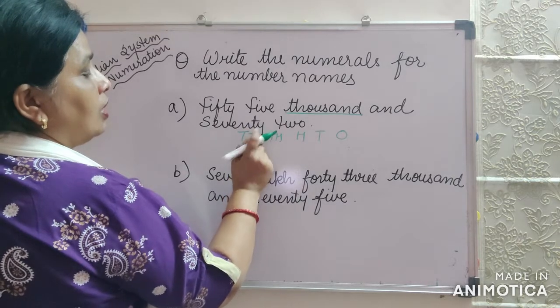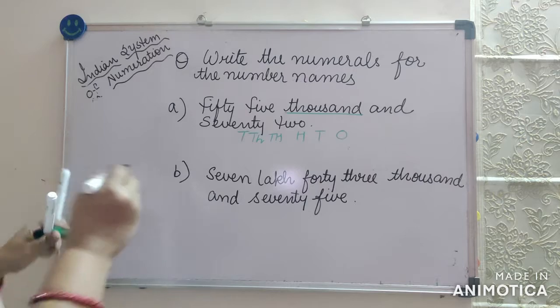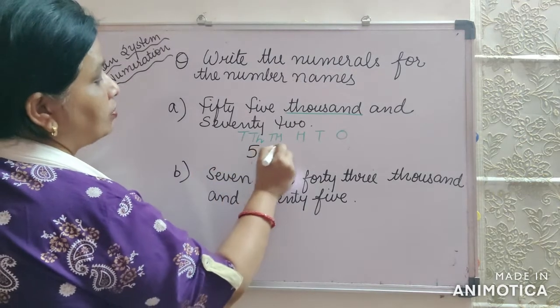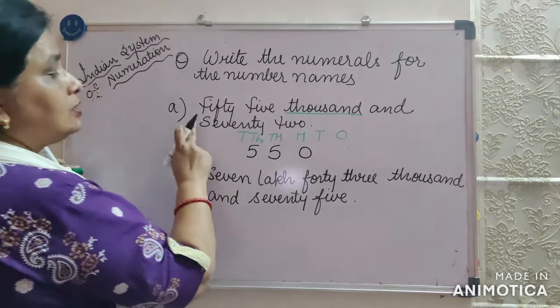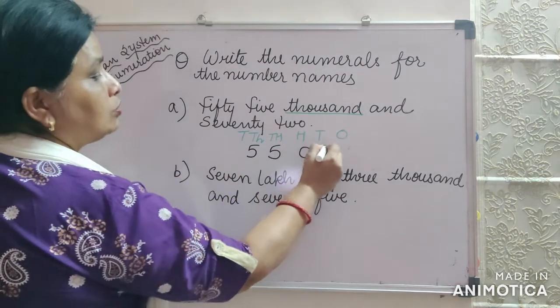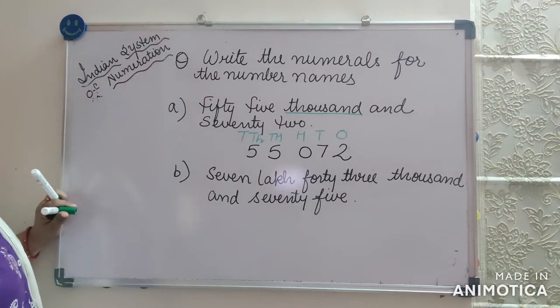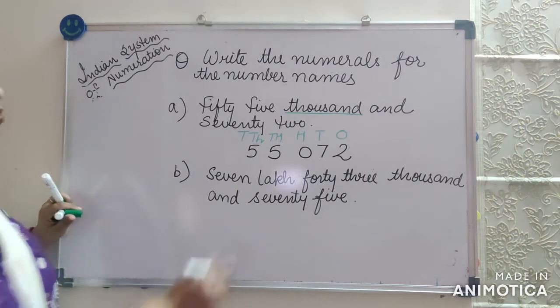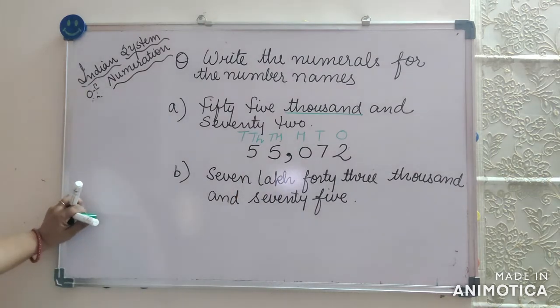Right children? And after that, below it you write down the numbers 55,000 and 72. As there is no number for the hundreds place, write down 0 over there. And now what is missing here? Yes, you will have to put the comma. If you don't put the comma, your answer will not be complete.